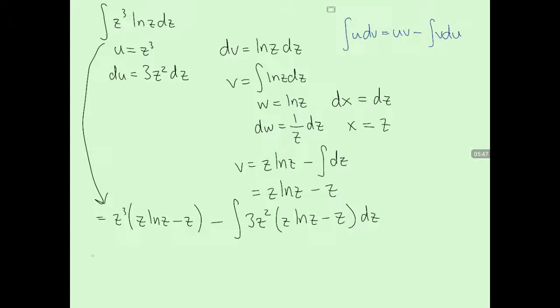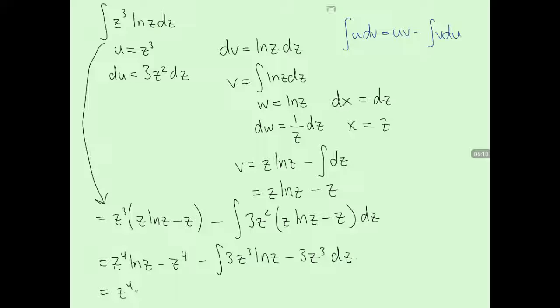So let's simplify things. Here we're going to have z to the fourth ln z minus z to the fourth. And here we're going to subtract the integral of 3z cubed ln z minus 3z cubed dz. So now we can separate these two integrals.